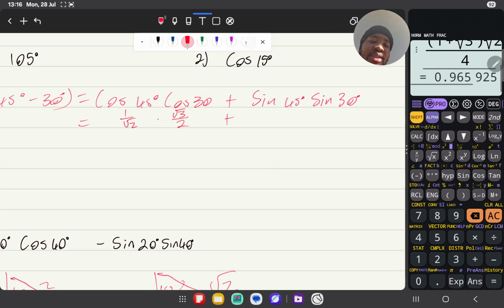And then I have a plus. Sine 45 is 1 over square root of 2, sine 30 is 1 over 2, and now it's just me multiplying.